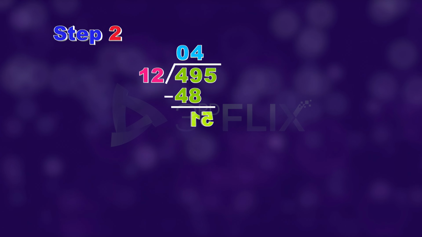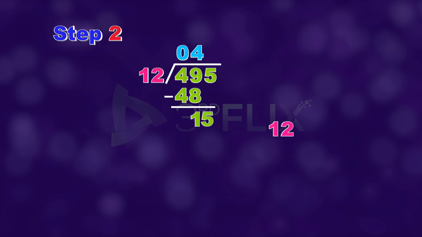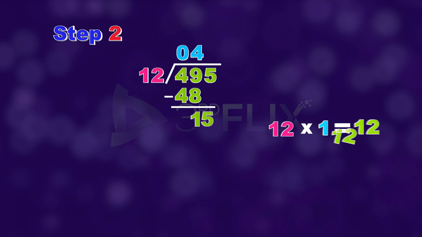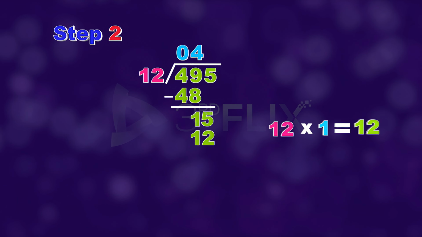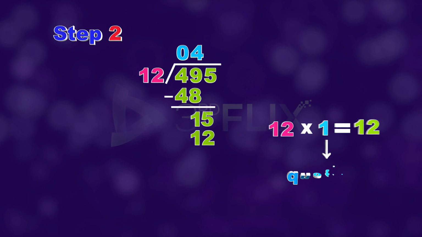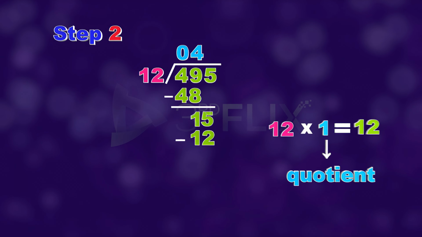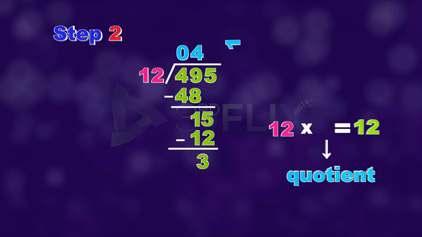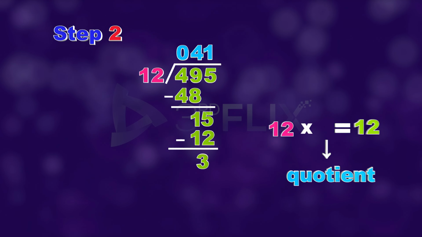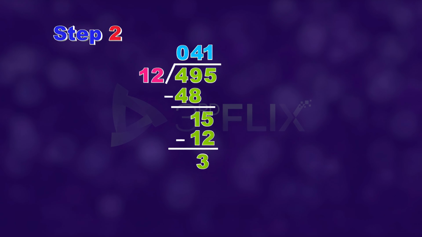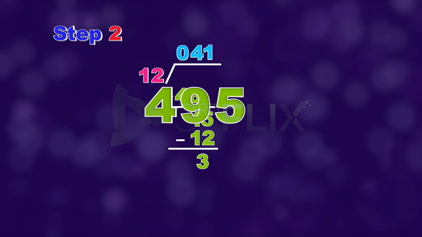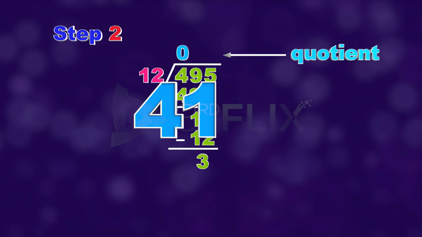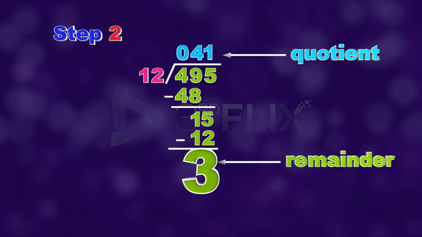So, divide 15 by 12. 15 divided by 12 gives quotient as 1 and remainder as 3. Write 1 at the ones place in the quotient. So, 495 divided by 12 gives quotient as 41 and remainder as 3.